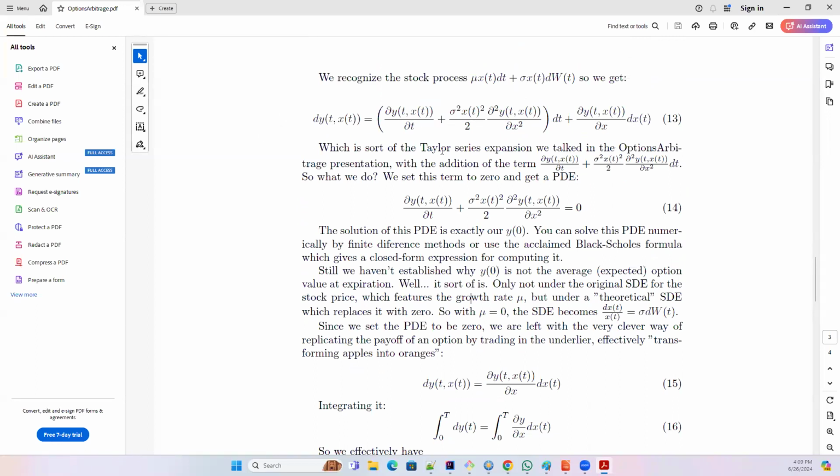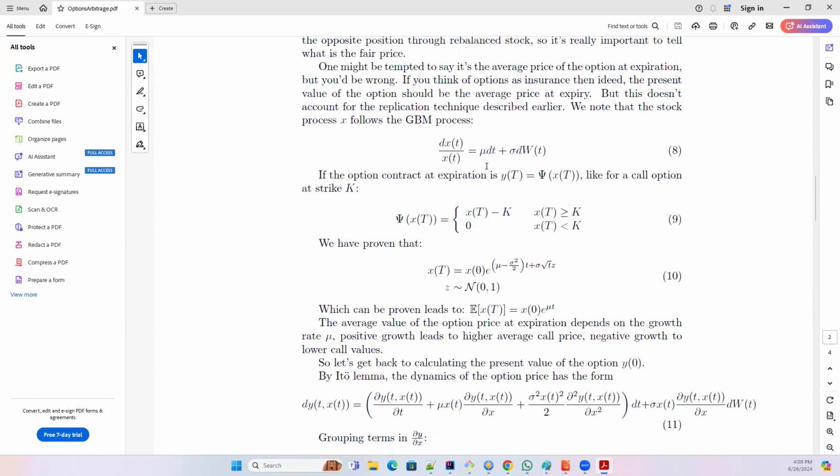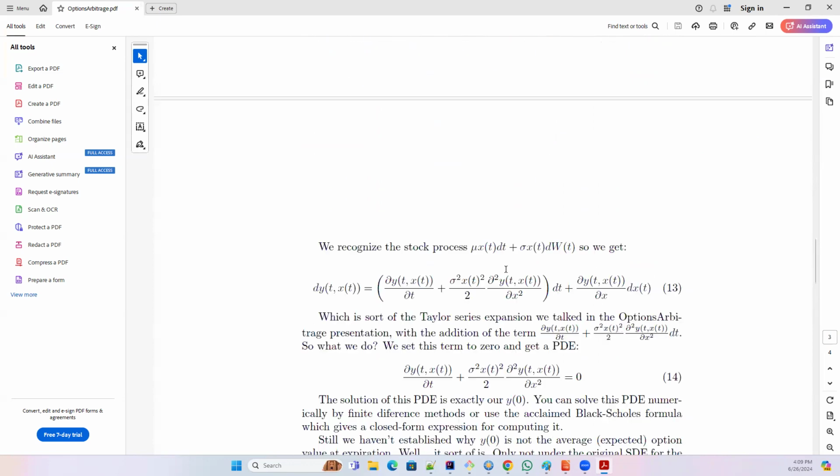So what do we do? Let's consider that mu equals 0. So let's set it to 0. If mu is 0, we got rid of it here.